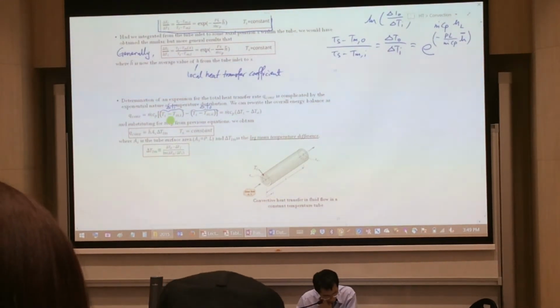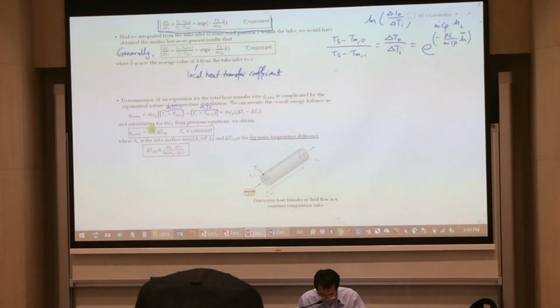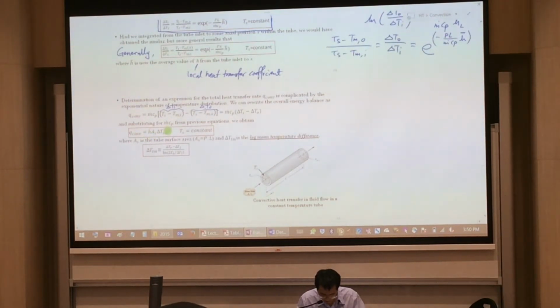So if you were to express it in the following way, this Q convection is actually equal to your Newton's law. I'm just going to help you find out what this delta T Lm is about.